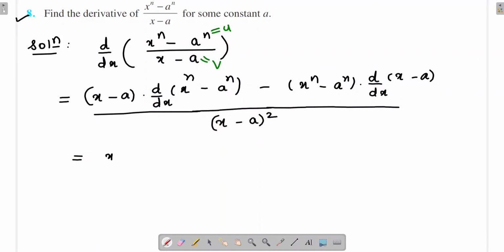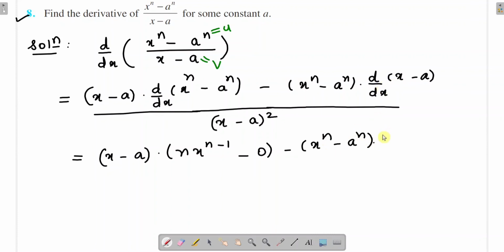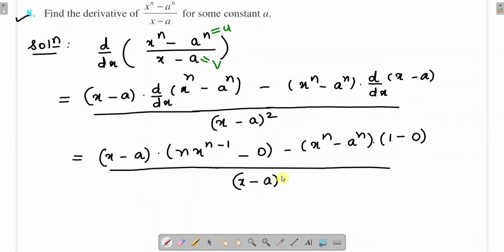So this will be equal to what? x minus a times, now derivative of this is, derivative of x raised to n is what? n times x raised to n minus 1 minus derivative of a raised to n. Derivative of a raised to n means derivative of constant, right? So that is 0 minus x raised to n minus a raised to n multiplied by derivative of x is 1, you know this, minus derivative of a is 0. Okay, and then divided by x minus a the whole square.